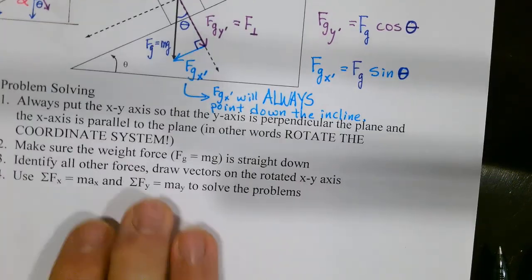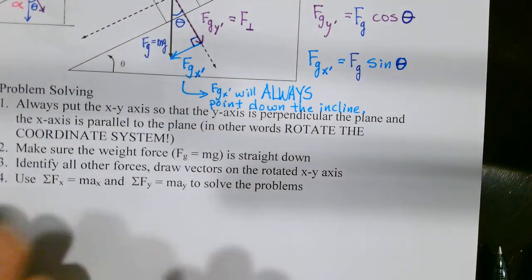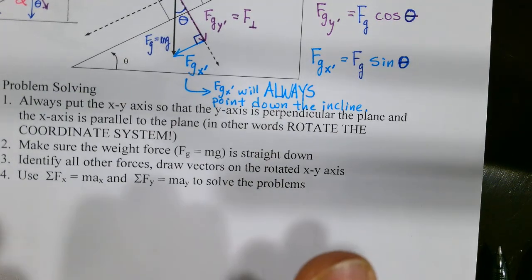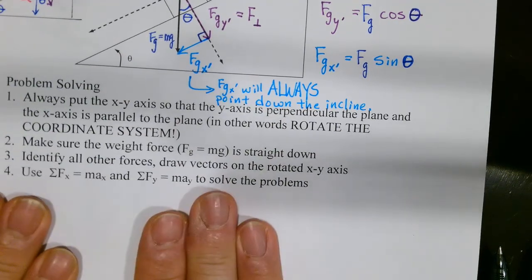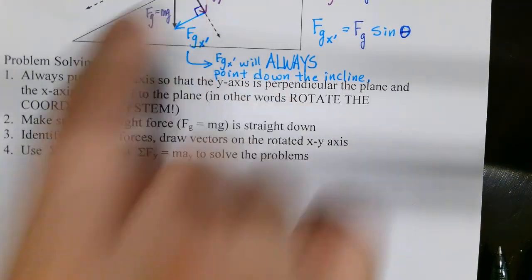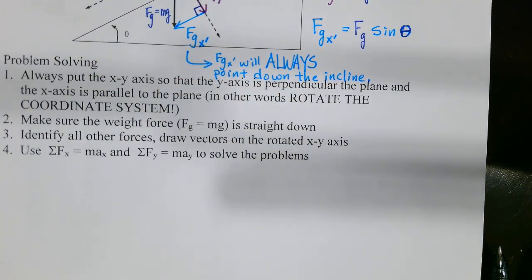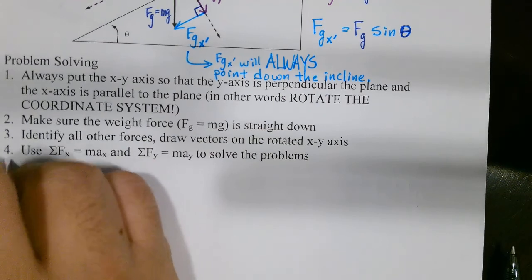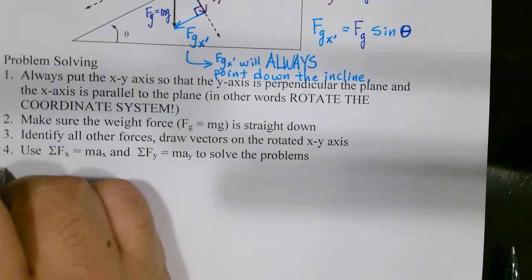So let's draw this thing here when it is at rest, sliding down, and sliding up. So we could have three different things to understand. Okay? So here, let's say standing still. Let's do that first.